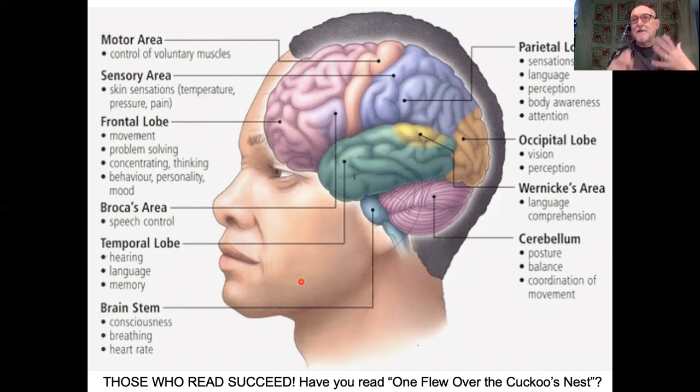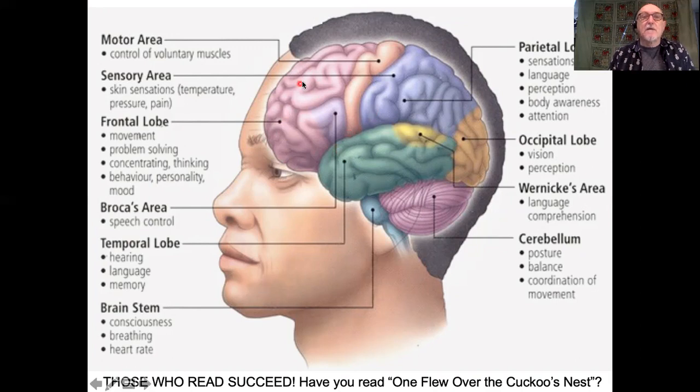So this is one of the ways in which all of these functions have been elucidated. And nowadays, of course, examining the brain has become extremely sophisticated through imaging techniques like magnetic resonance imaging. So we begin to get a very clear picture of the division of labor of these different functions around the different parts of the brain.